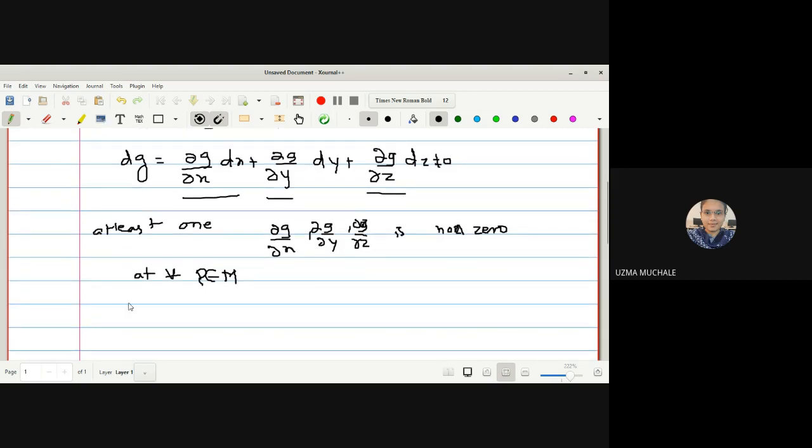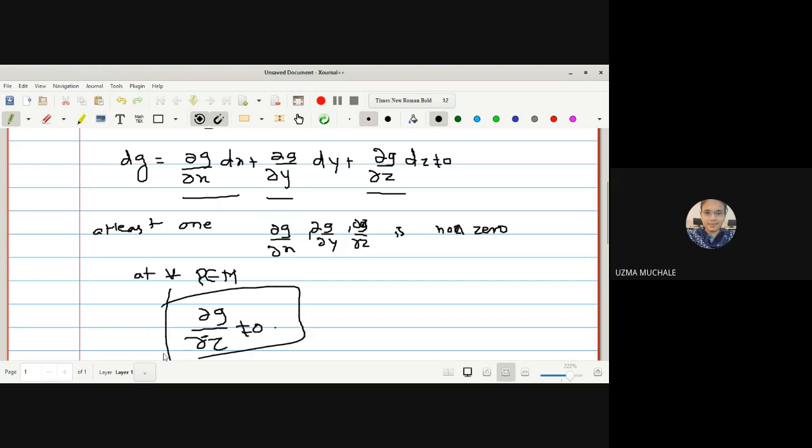So I am supposing that at least one of them is non-zero. So let me suppose that dou g by dou z is not equal to 0. Instead of assuming anything else, now let me assume that the partial derivative dou g by dou z is not equal to 0.